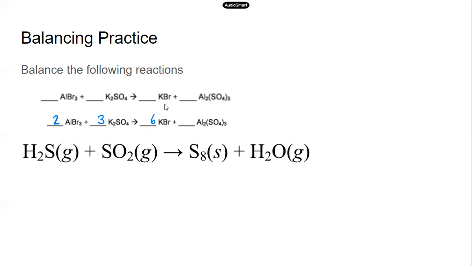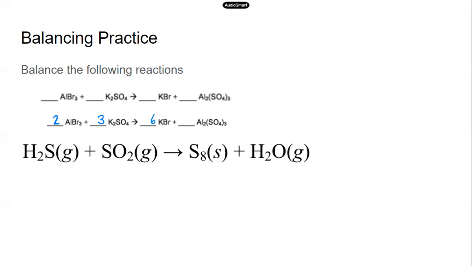We're going to have to multiply the potassium bromide by 6 so that we equal the 6 potassium on the right side, and that causes us to need to put a 2 out in front of the aluminum bromide so that we get the 6 bromide on both sides.